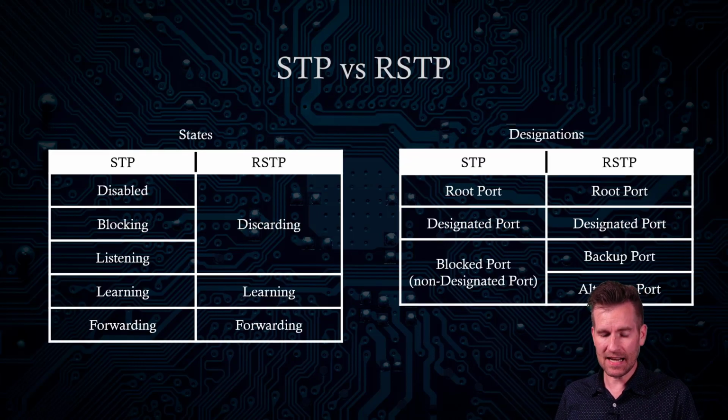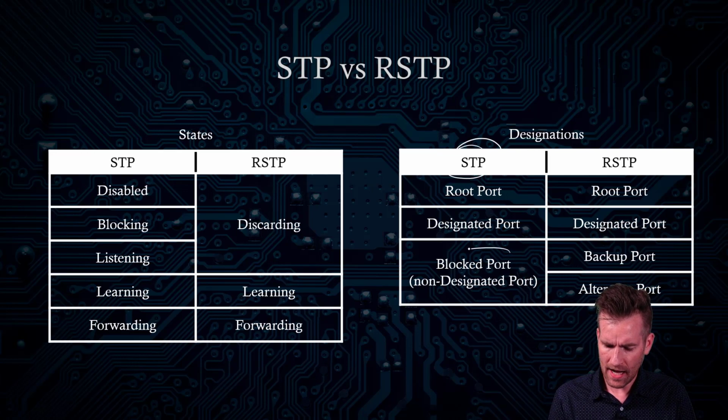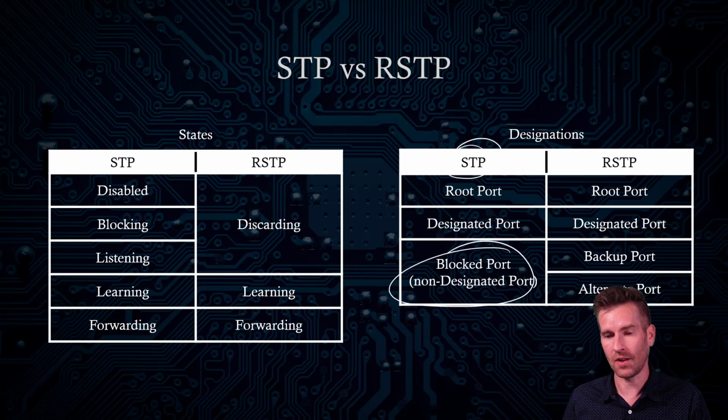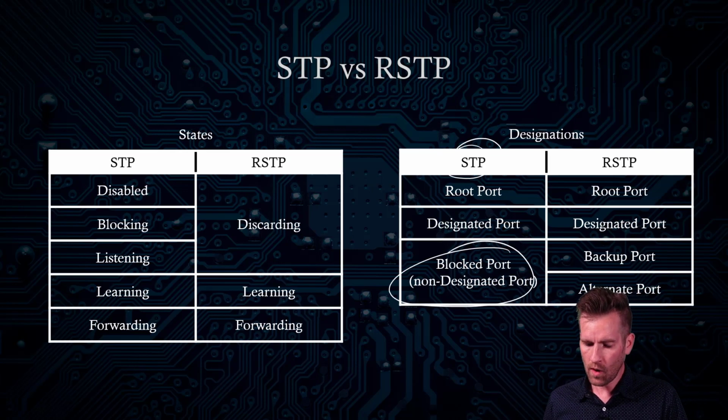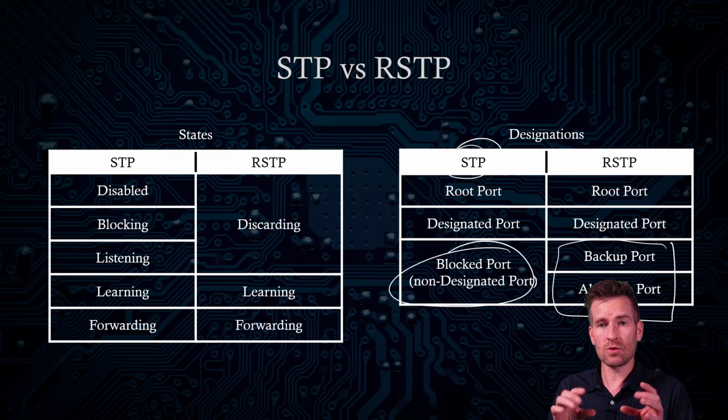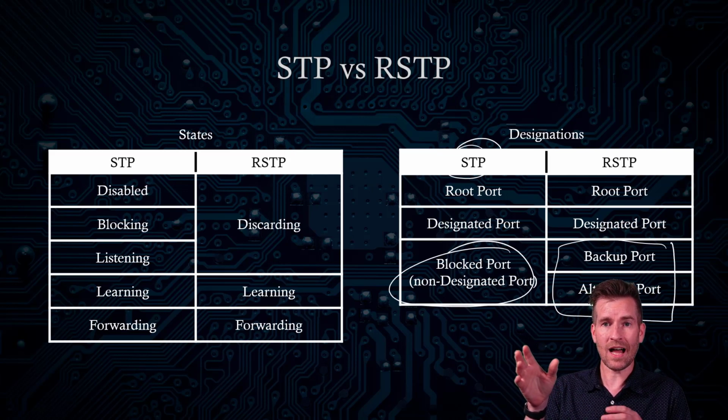The other thing it did is it gave a little more granularity to a non-designated port. With spanning tree protocol, we have this blocked port or non-designated port, which we also called an alternate port. Well, rapid spanning tree has what's called a backup port and an alternate port. What this allows is for spanning tree protocol to understand what's on the other side of it.